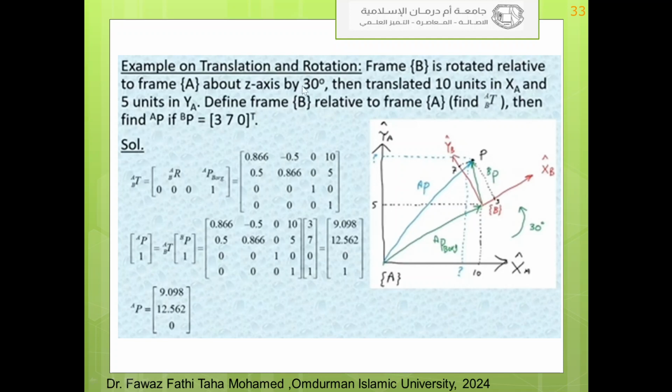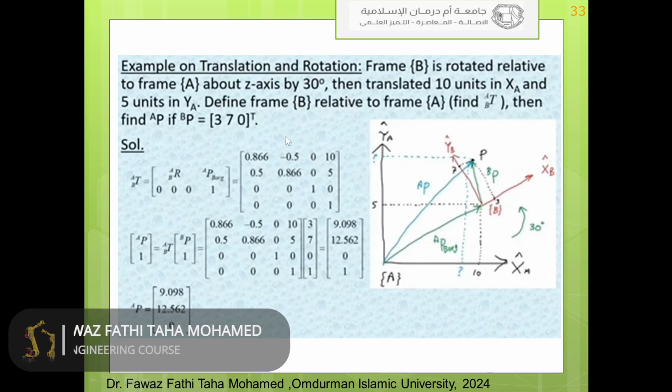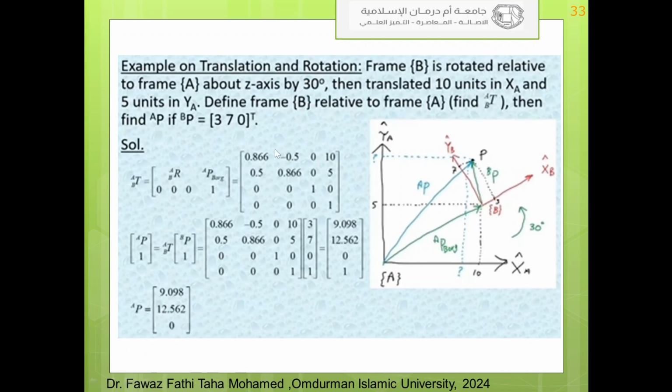Example here on translation and rotation. Frame B is rotated relative to frame A about Z axis by 30 degrees, then translated 10 units in XA, 5 units in YA. Here this is the translation, and here this is the rotation. Define frame B relative to frame A. Then find PA given PB is [3, 7, 0].